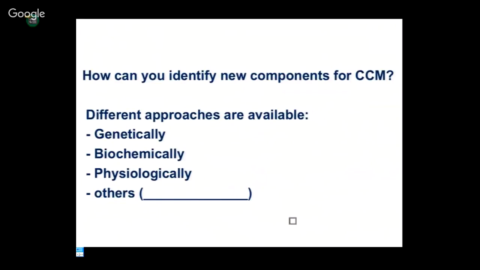Of course, I talked about the HL transporters. We isolated the mutant from the insertion mutant library. Therefore, it's very good to isolate mutants which cannot survive under low CO2.